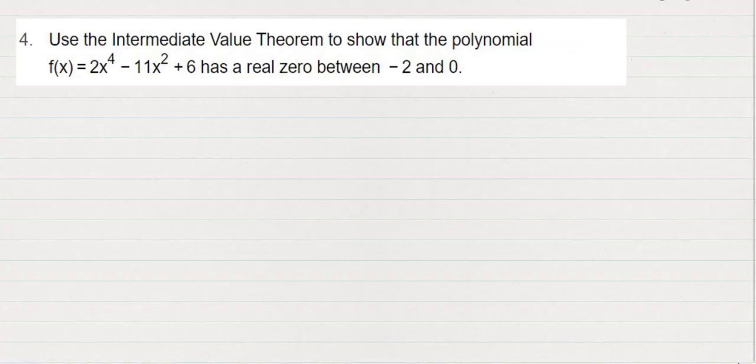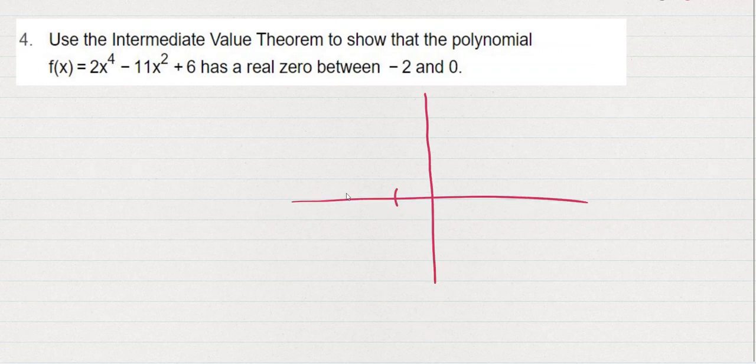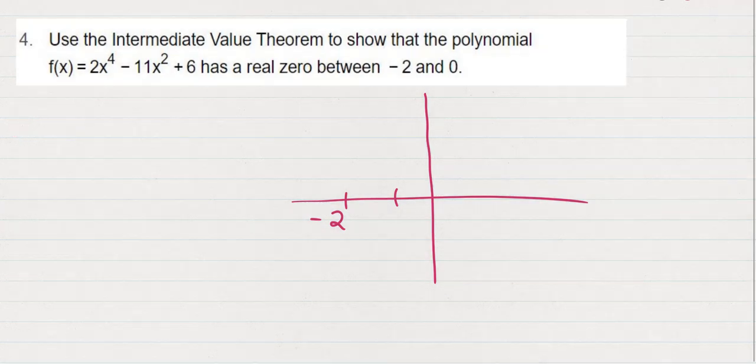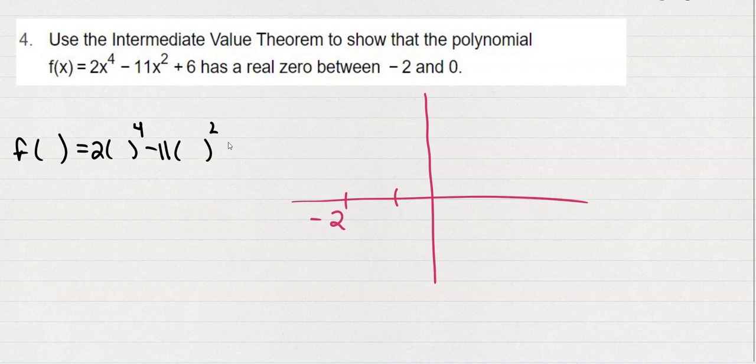Number 4, use the intermediate value theorem to show that the polynomial has a real zero between x equals -2 and x equals 0. So if I were to find the value of the function when x is -2, it might look like this. f of -2 equals 2 times -2 to the 4th minus 11 times -2 squared plus 6.